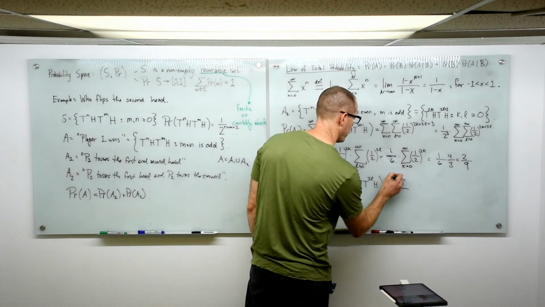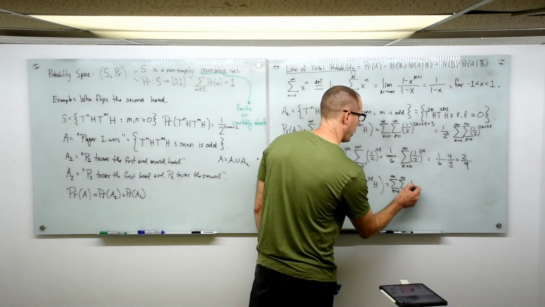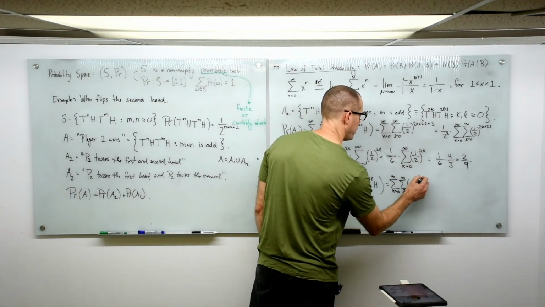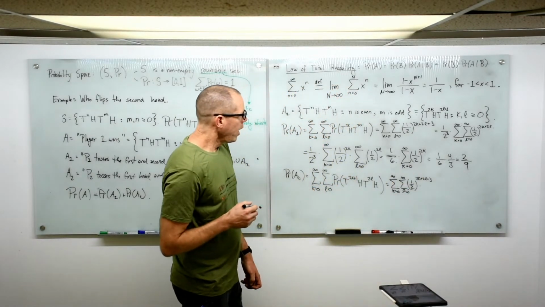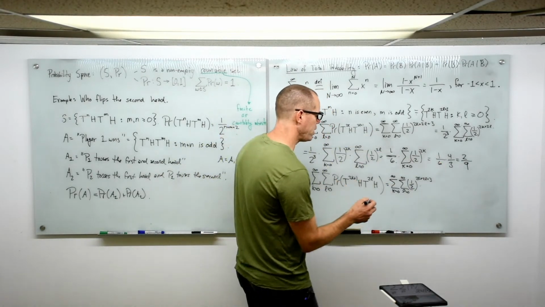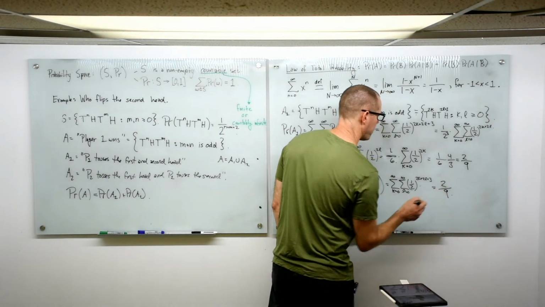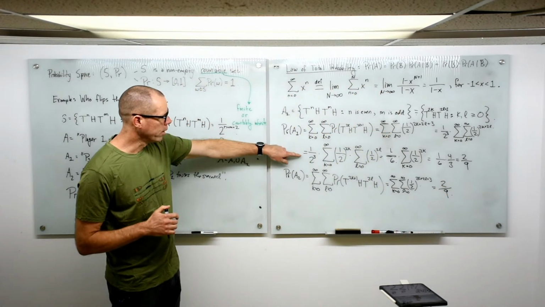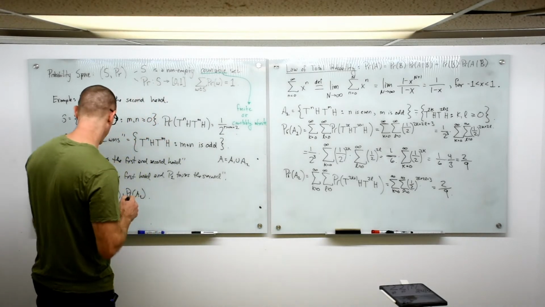K equals 0 to infinity, L equals 0 to infinity of 1/2 to the 2k plus 2l plus 3. And we don't need to do that again because we beat it up already and we saw that that's equal to 2/9. That's exactly what we did here. Okay, and then we finish.